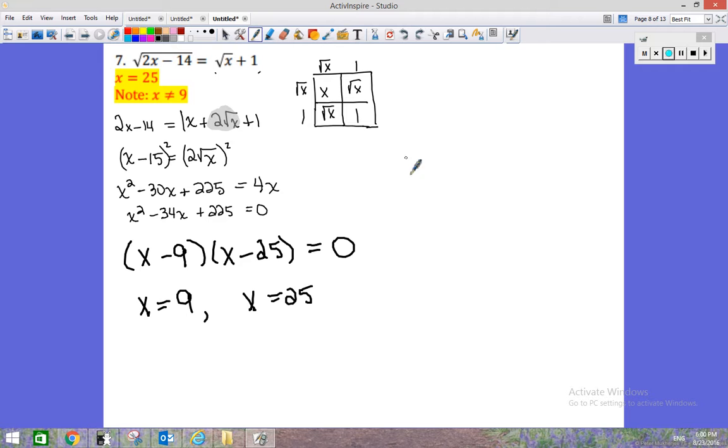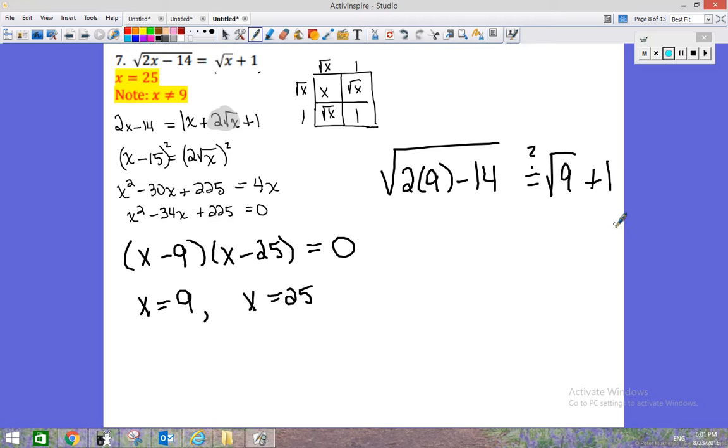So if I plug in 9 on the left hand side, I've got 2 times 9 minus 14, and the question is, is that going to be equal to the square root of 9 plus 1? So this is 18 minus 14, which is 4, and the square root of 4 is 2. But over here, square root of 9 is 3, and 3 plus 1 is 4.